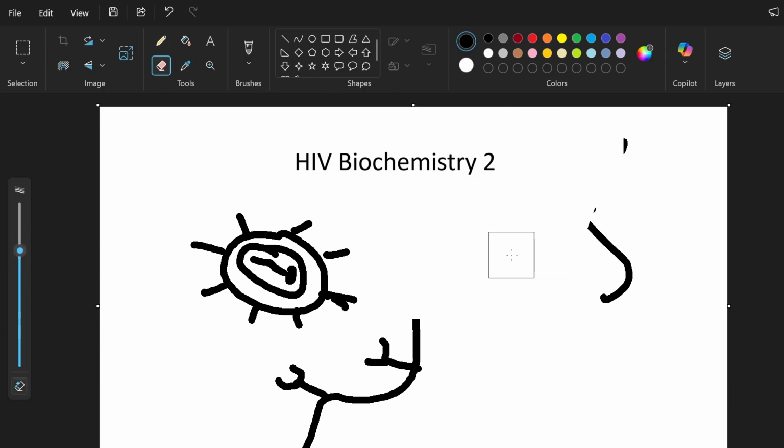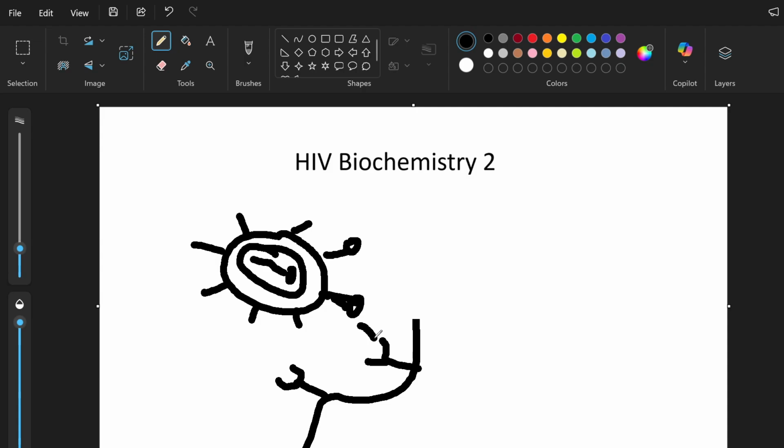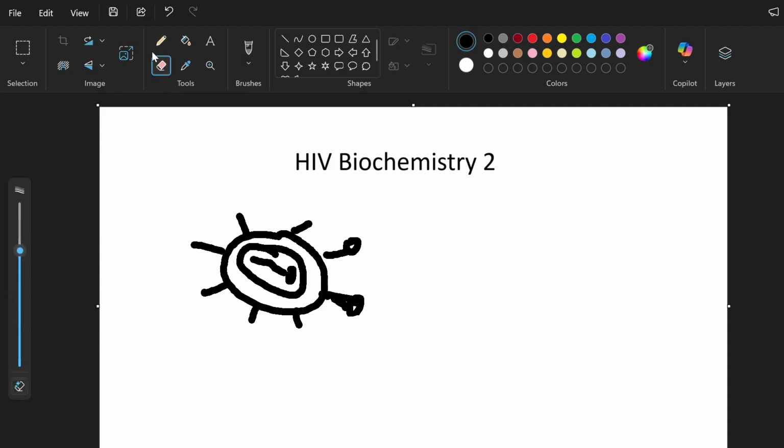So HIV comes over and has these receptors. The glycoproteins bind to the CD4 receptors. And when that happens, let's draw this out.